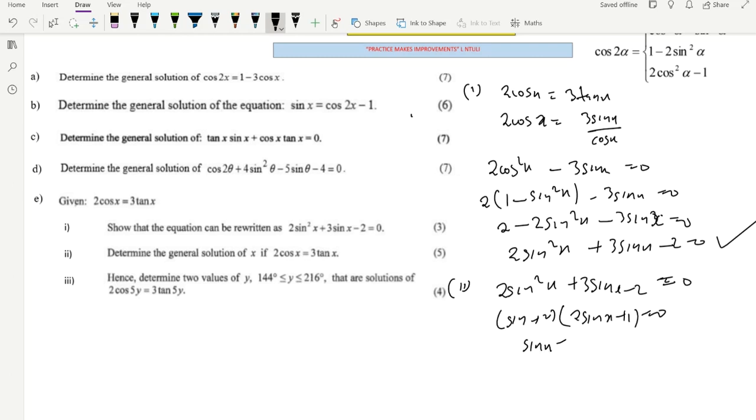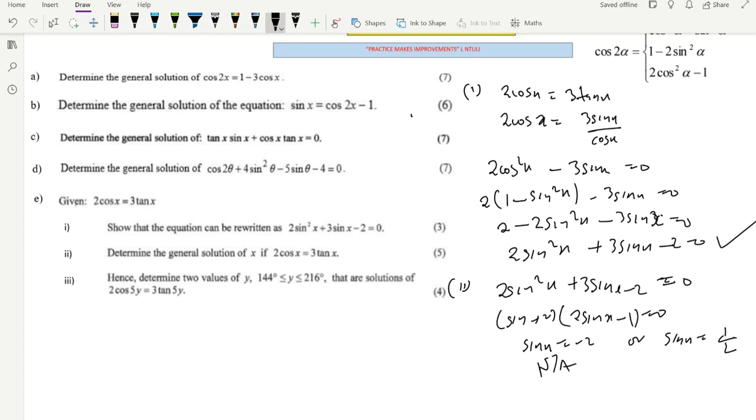Then this is sine x equal to minus 2, or sine x equal to minus 1 over 2. Or sine x equal to 1 over 2.